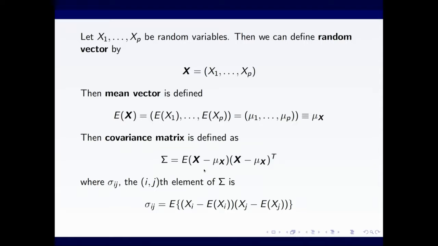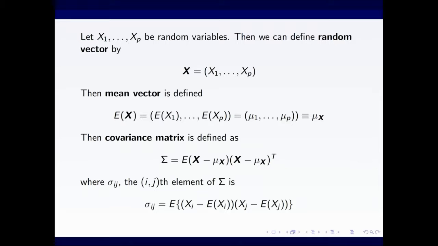So you know that this bold x is a column vector. Usually in statistics, when we have a vector, we express it as a column vector. So we have this column vector here, and then the transposed column vector here, and we have a matrix product.